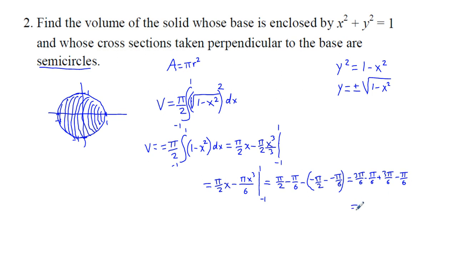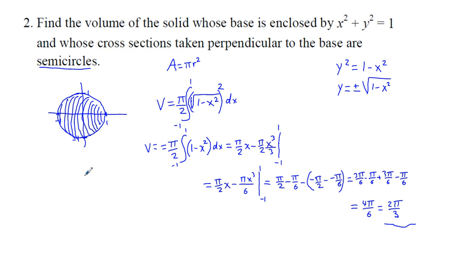And working below, we have 3 pi over 6 minus pi over 6, that's 2 pi over 6, plus 3 pi over 6, minus pi over 6. What we're going to get is 4 pi over 6, which reduced is going to be 2 pi over 3. And that's going to be the volume of our solid here.